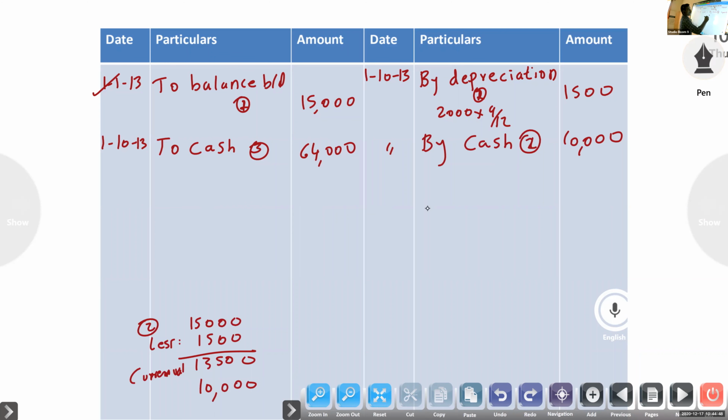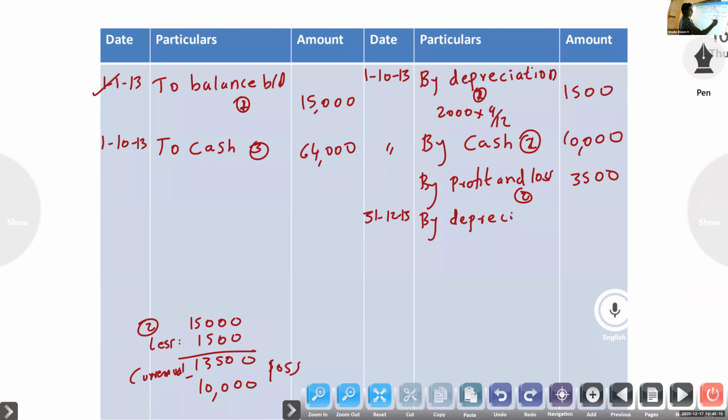So by profit and loss, second one, 3,500. Okay, then second one is over. Then 31st December 2013, by depreciation. Third one. Second one is over.